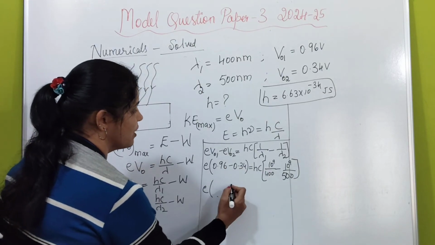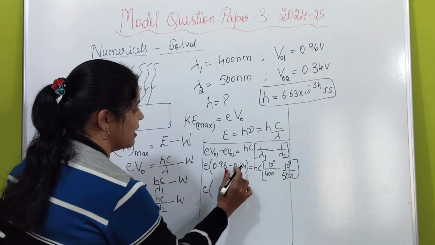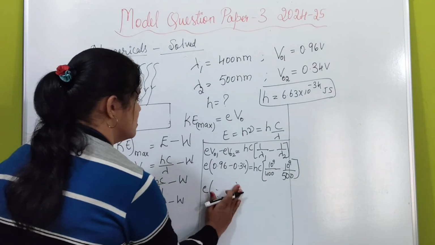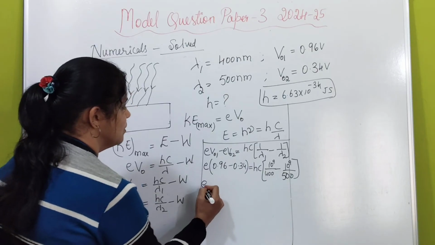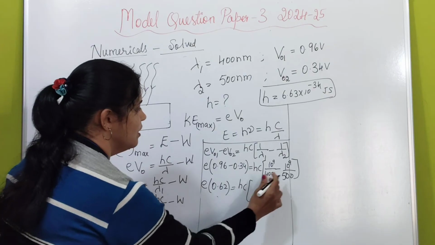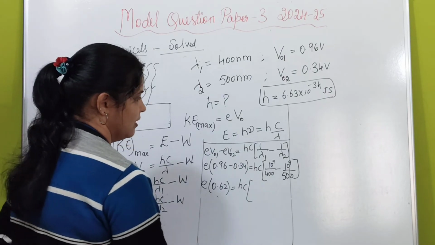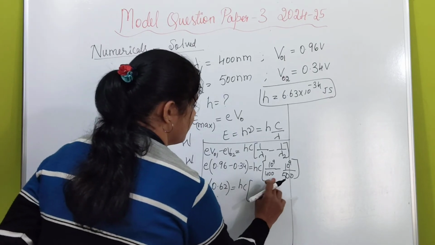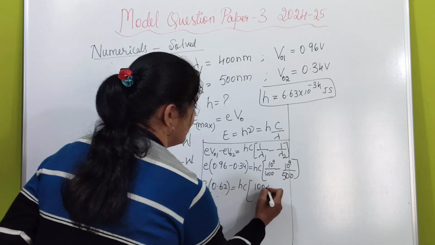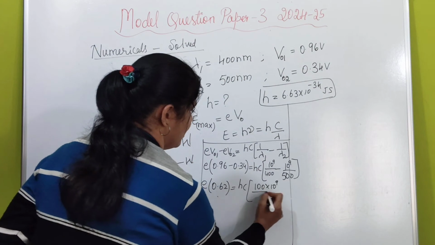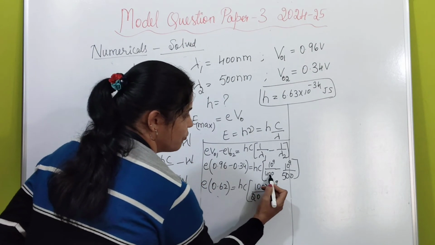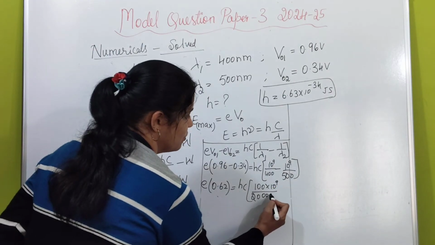Say 6 minus 4 is 2, 9 minus 3 is 6, 0.62. 0.62 is equal to hc into, let us simplify it further. So here if you cross multiply, 500 minus 400 is 100 into 10 to the power 9 in the numerator, divided by 5 fours are 20 and write 4 zeros, 20000.